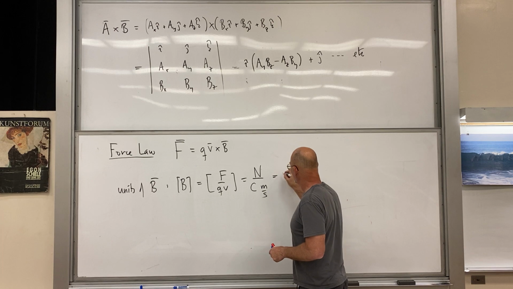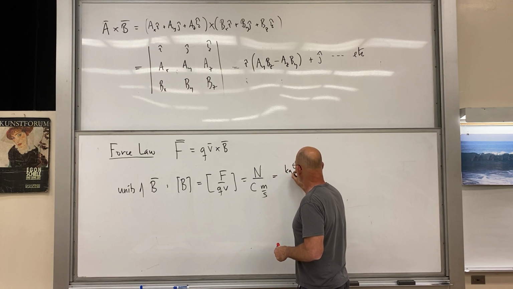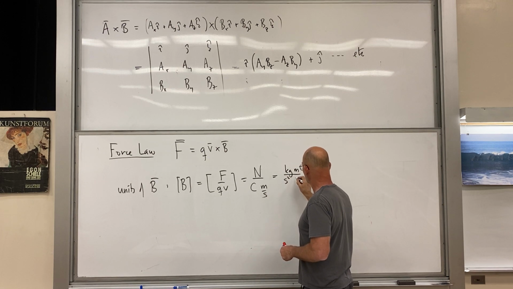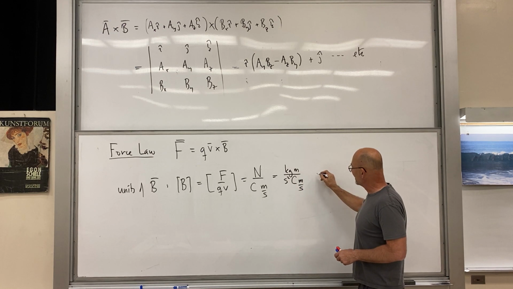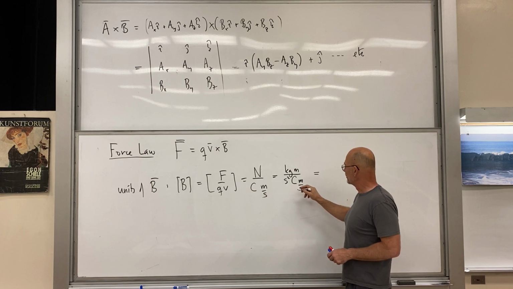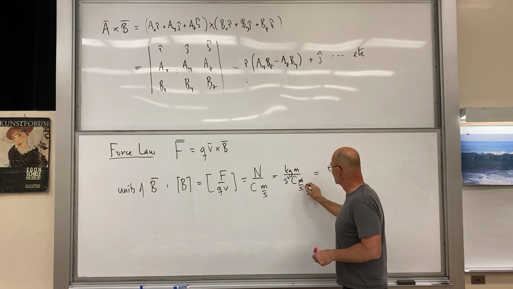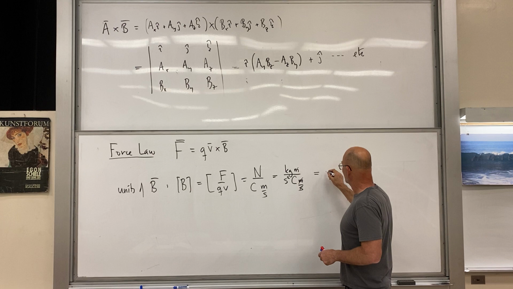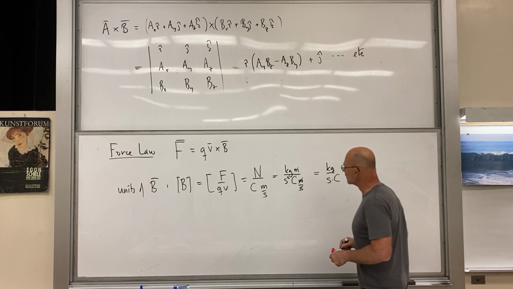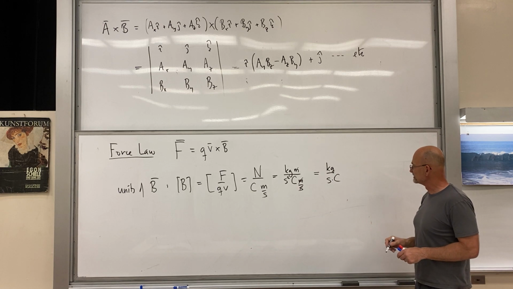We could also say it is kilograms, meters per second squared, and we still have coulombs and meters per second. And in that case, we would cancel these meters, one of these seconds, and kilograms over seconds times coulombs would be one way to look at it.